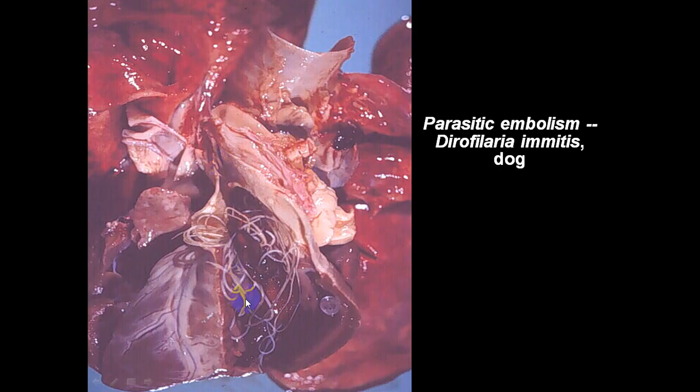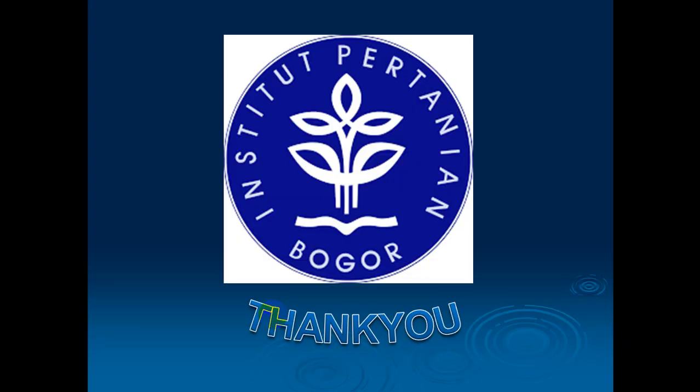This is the heartworm, Dirofilaria immitis, causing thrombus and also emboli inside the heart ventricles. In particular, this is the right ventricle here, with a thin ventricular wall here. Okay, this is Dirofilaria immitis. That's all.